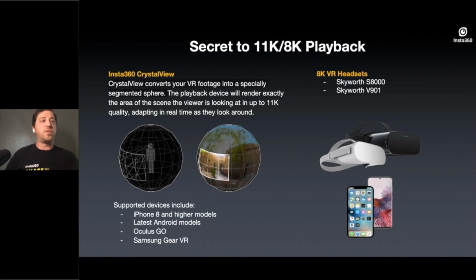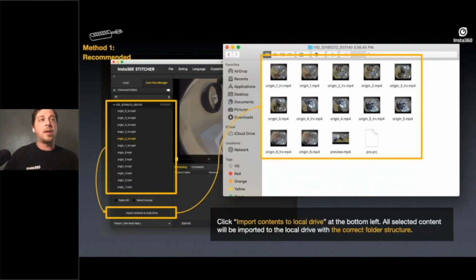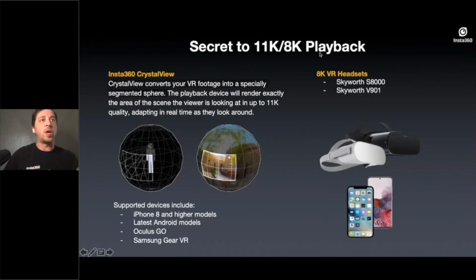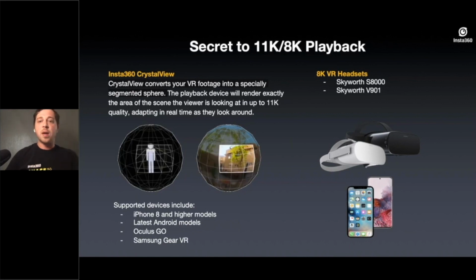You'll convert to CrystalView, and this will take your 11K file and convert it from H.264 to H.265. And it'll actually allow you to play back a higher resolution video in a non-high res device. This is our way of maximizing the viewer experience without the HMDs being better quality.